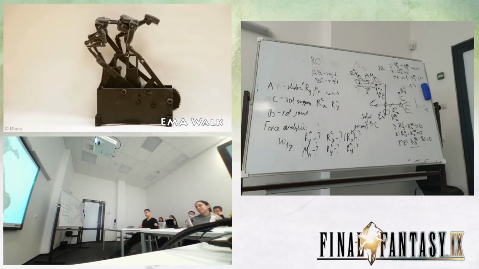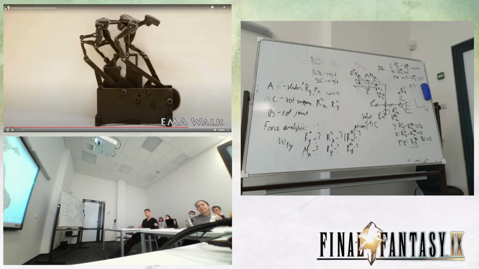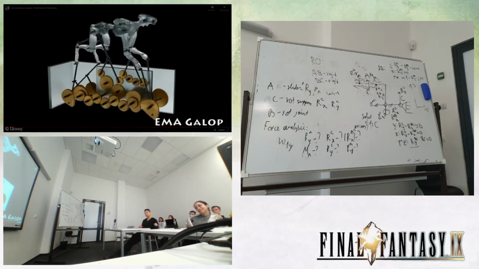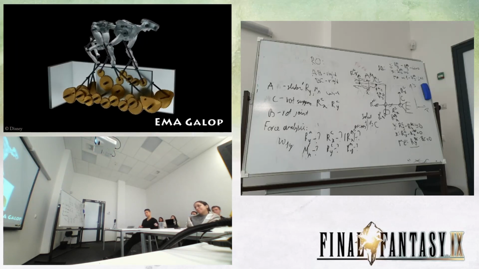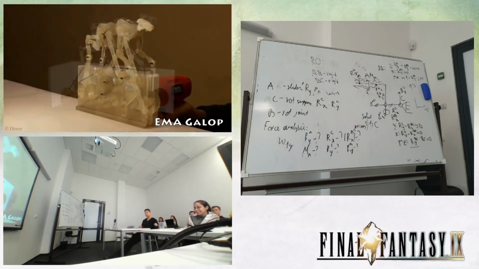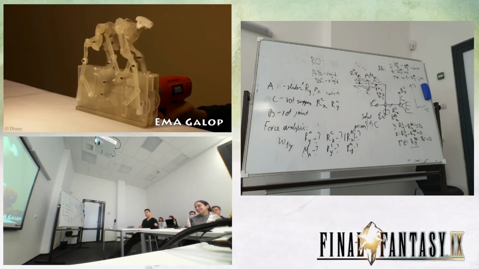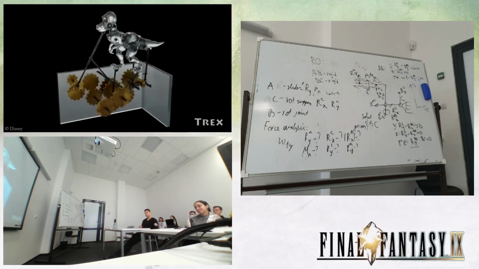So for me it's an interesting topic, if you want to work at Disney. Oh, what is that gear? We will learn this kind of gear next semester. I know triangular and other gears, but this one looks weird. T-Rex.